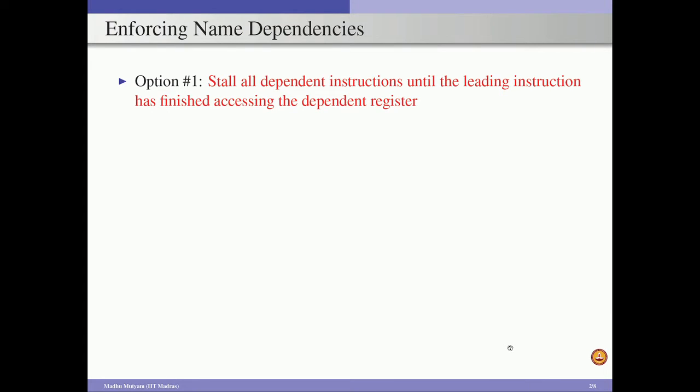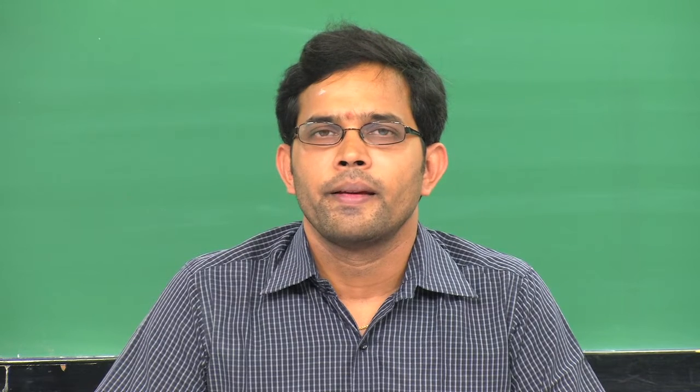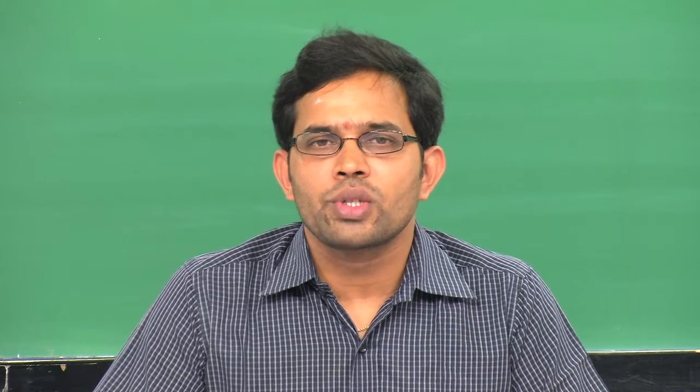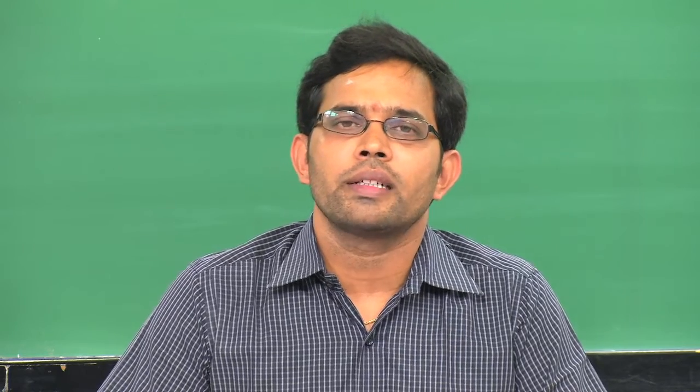So, one simple option is to stall all the dependent instructions until the leading instruction has finished accessing the dependent register. For example, if you have an add instruction and there is a multiply instruction, these two instructions have name dependencies.